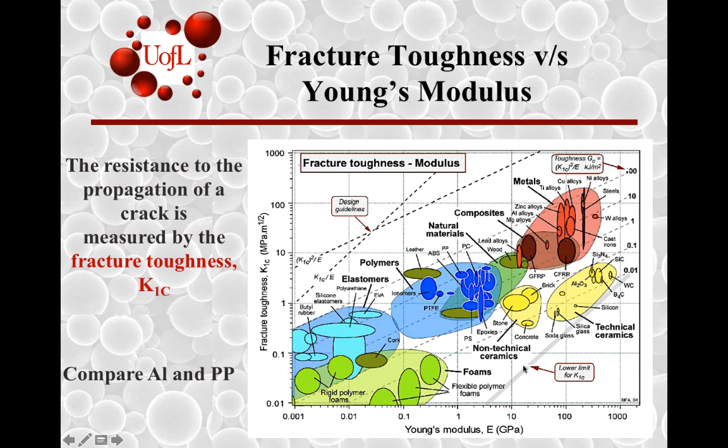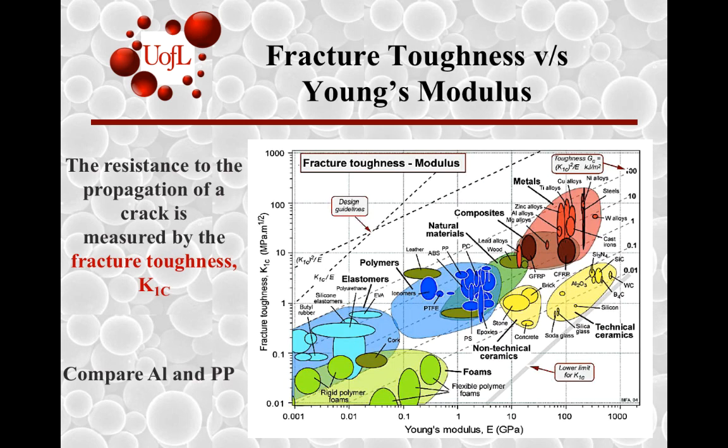Although the modulus of aluminum is much higher and fracture toughness is also much higher, that ratio that we are interested in terms of the material index, if you plot this, you'll find out that polypropylene almost falls on the same line as an aluminum alloy. Why does that happen? And so what does that mean in terms of selecting polypropylene compared to aluminum for applications where the definition is based on the values of this slope?